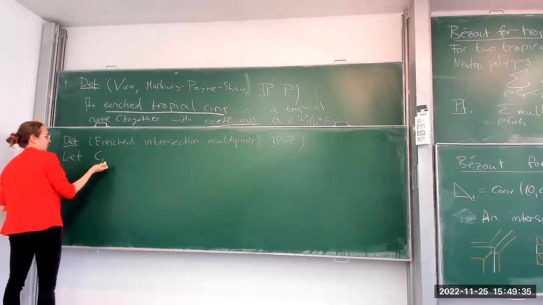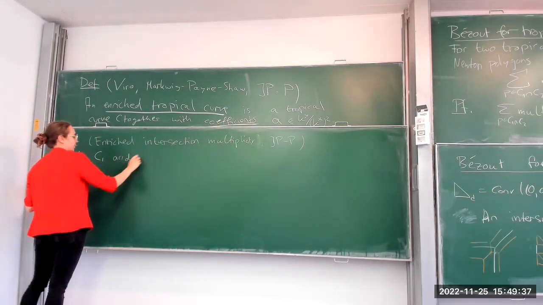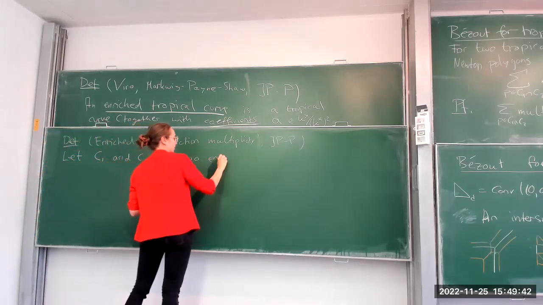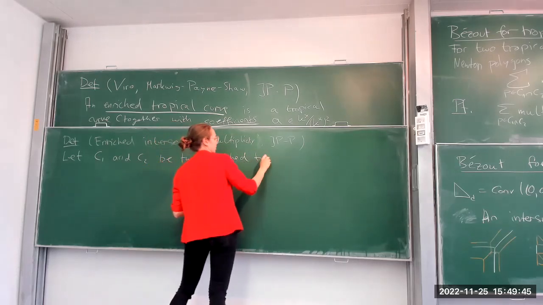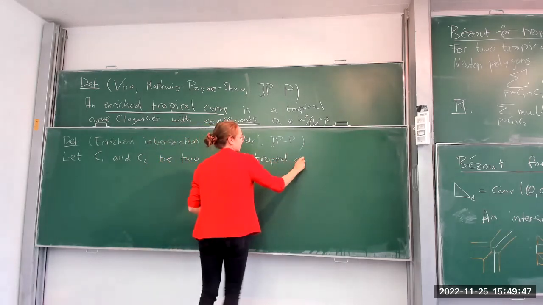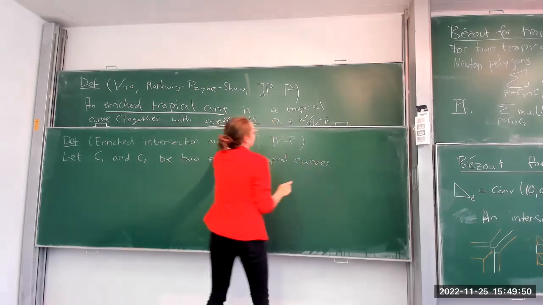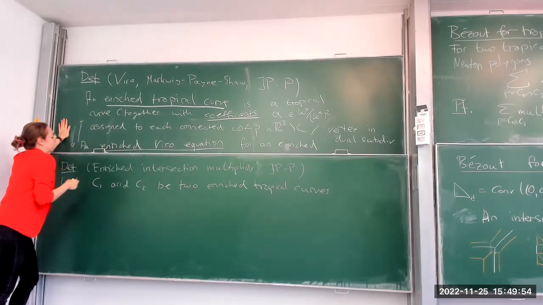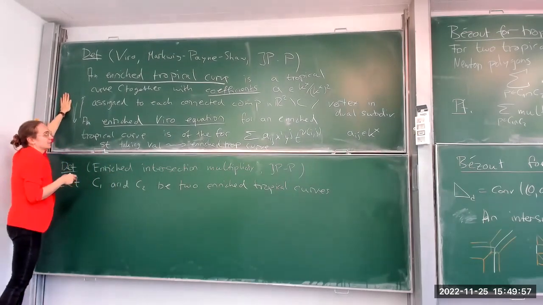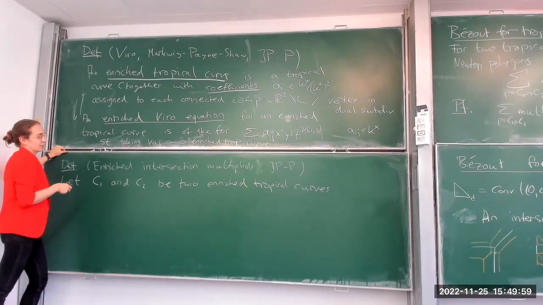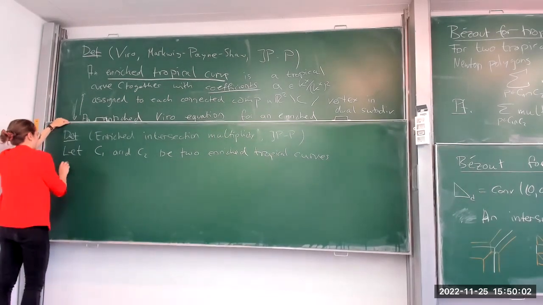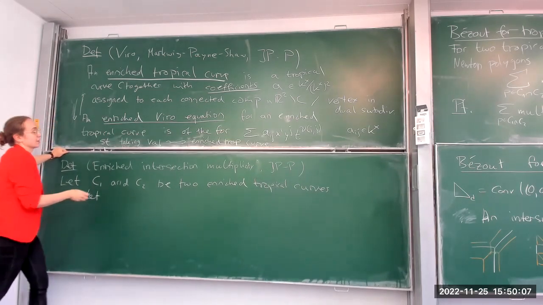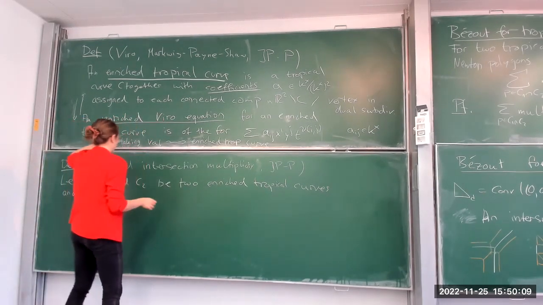Let T1 and T2 be enriched tropical curves. That means that we have these coefficients assigned to each component or to each vertex in the subdivision, and let's assign also some of these enriched Puiseux equations.